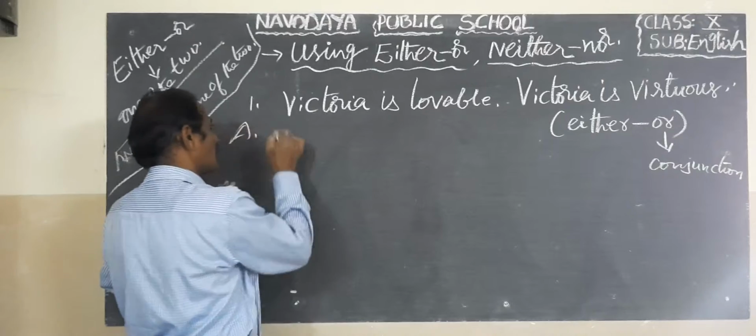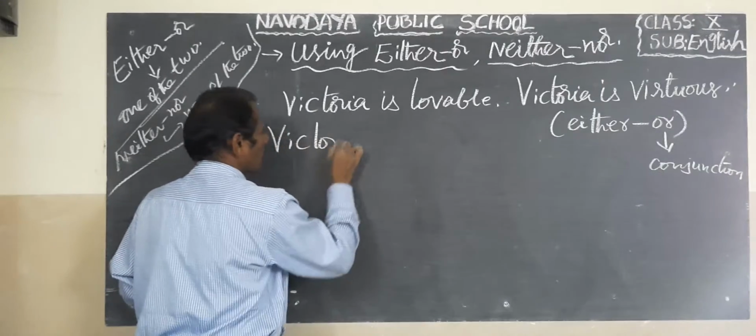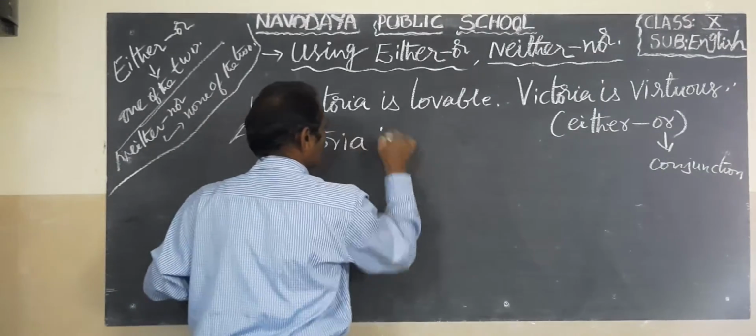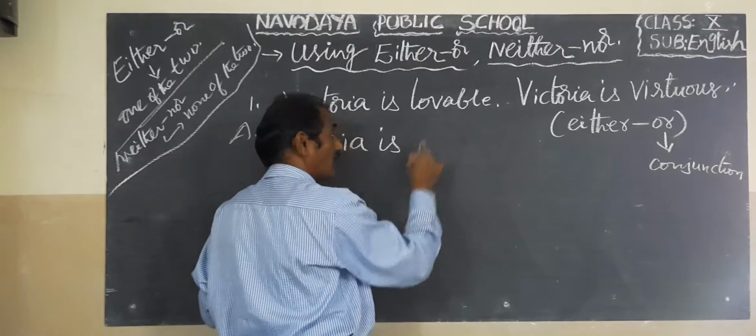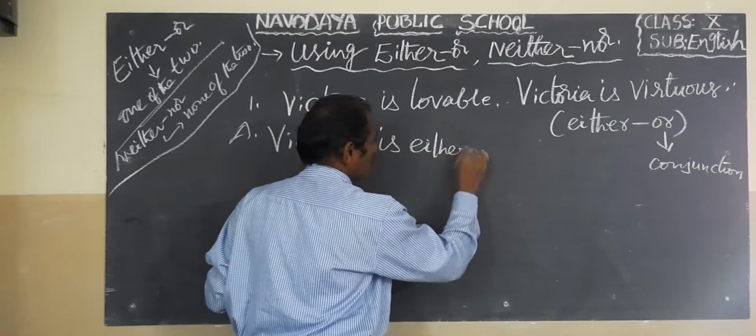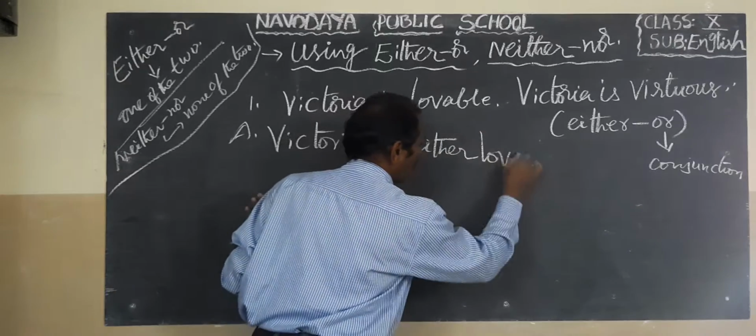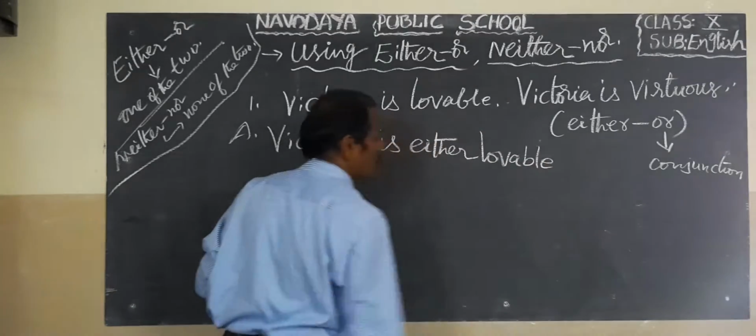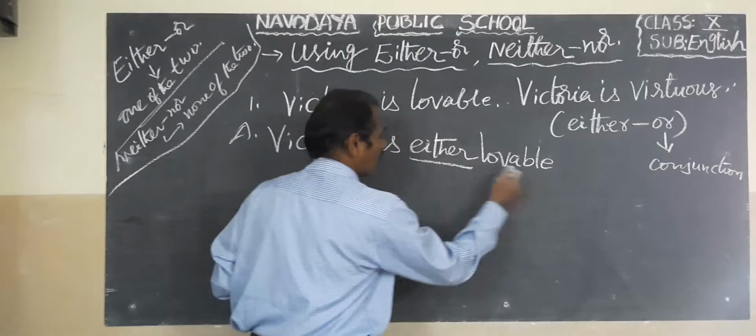Look at it, children. Here is Victoria. You should write either before that. Either what quality? Lovable. Victoria is either lovable.